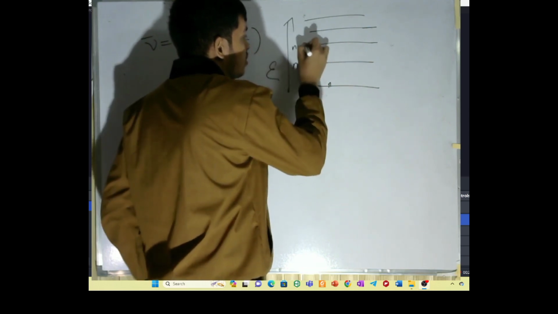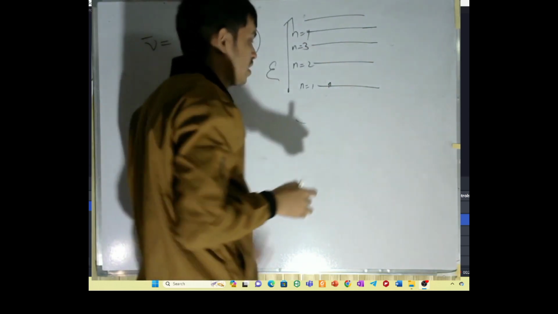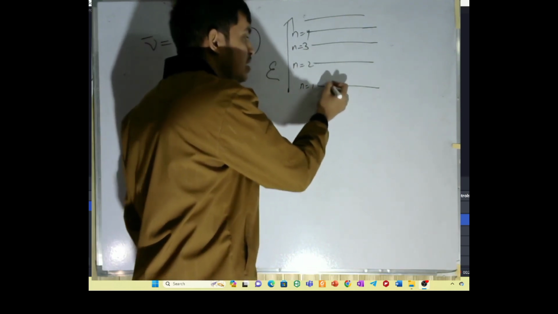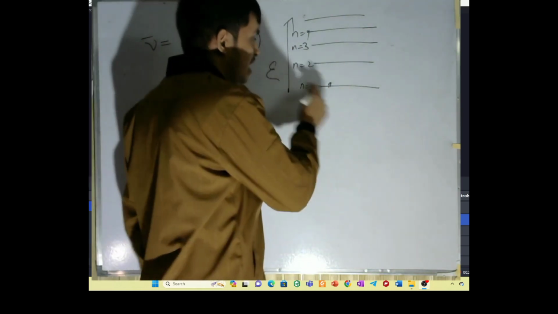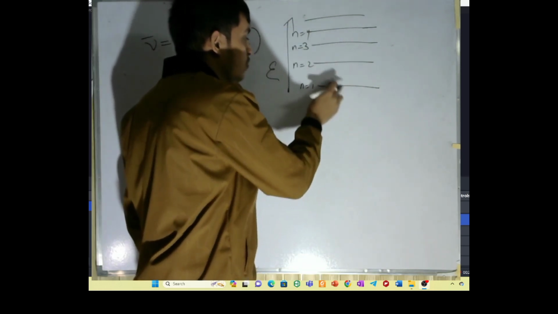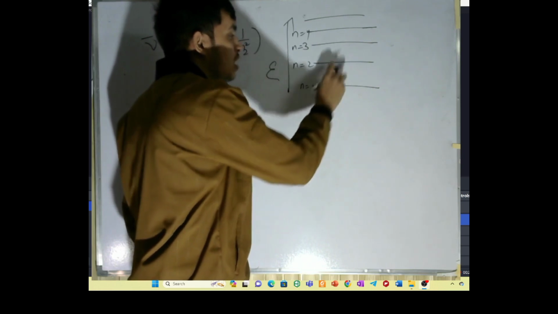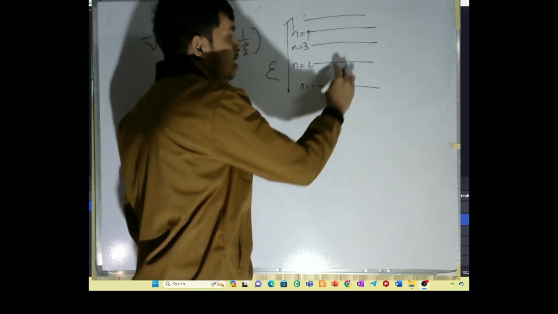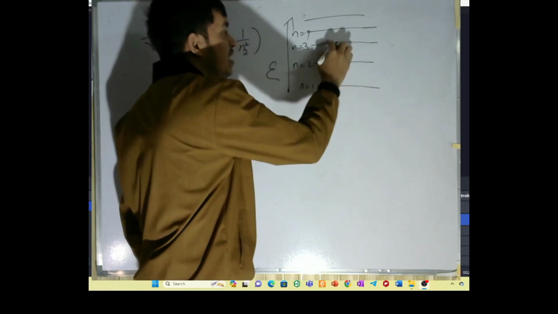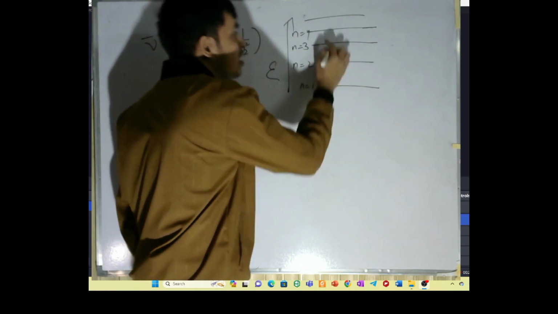Now this is the principal quantum number. So in the case of the hydrogen atom, the electron mainly lies in the ground state. So when we give energy, it will excite to the next energy level. On which energy level it will excite depends on how much energy we are giving. Let's suppose we are giving this much energy, it will excite to this level. Let's suppose we are giving this much energy, then this electron will excite here.